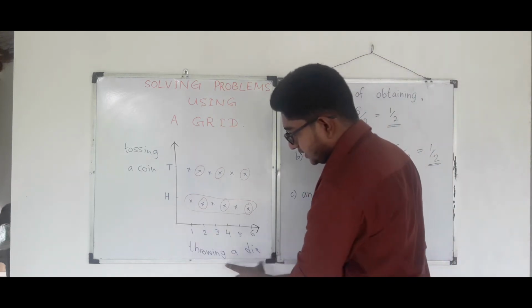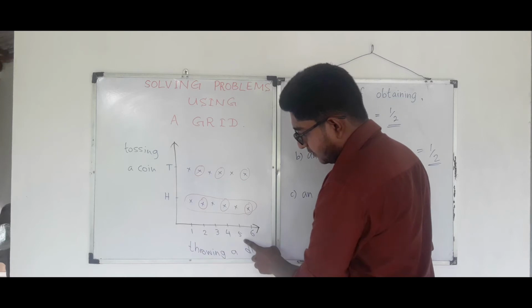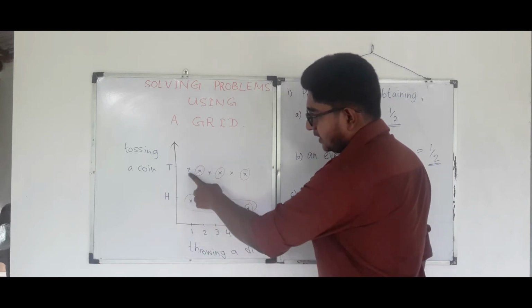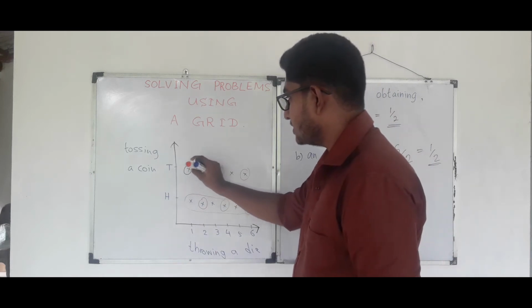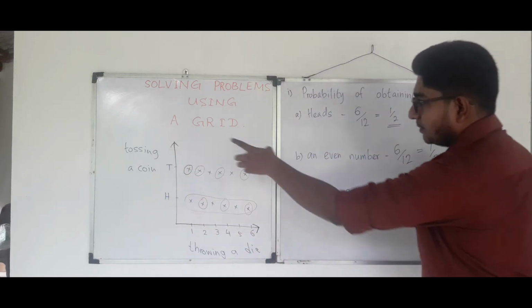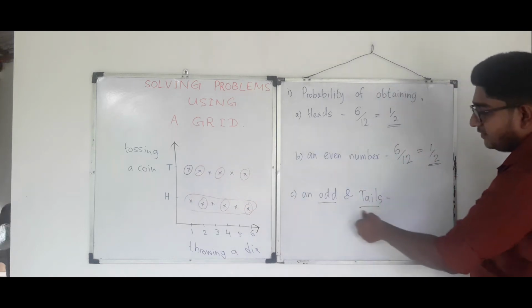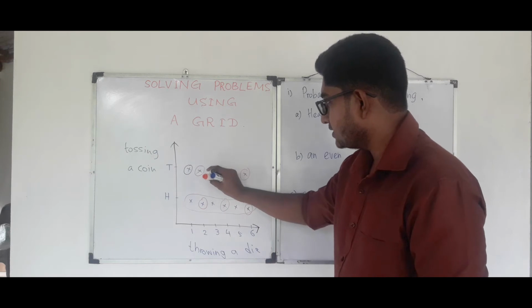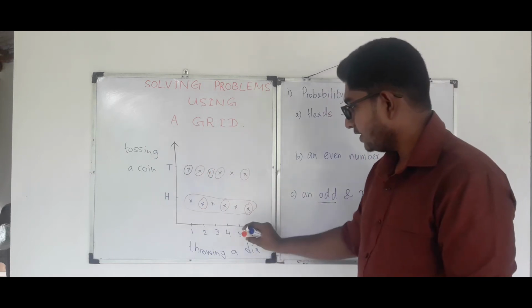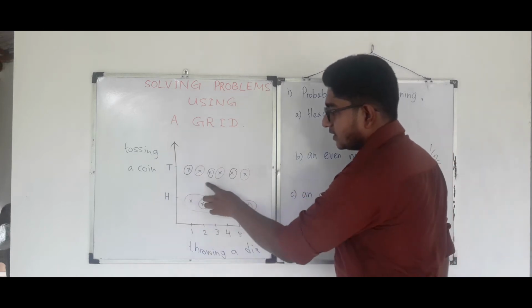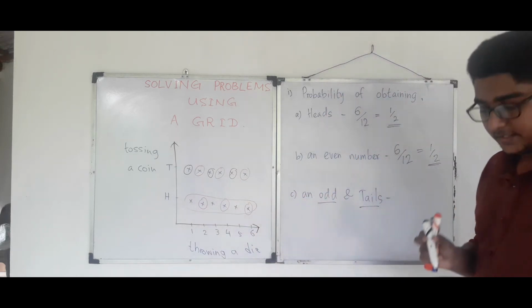What are the odd numbers? 1, 3, 5. So we can have 1 as the odd number and we must have this cross. We can't circle this one because from the second activity we should have tails. 3 and tails. 5, odd number, and tails. How many crosses are selected? 3.